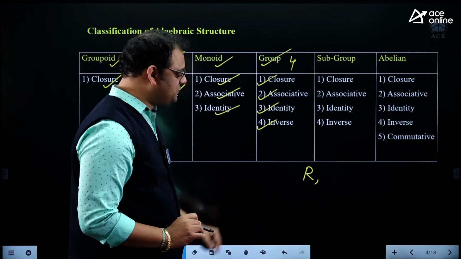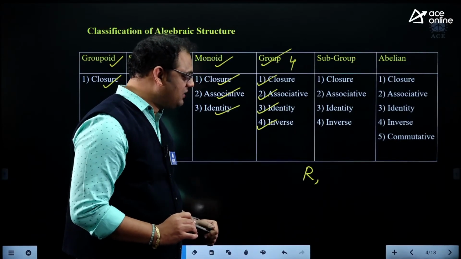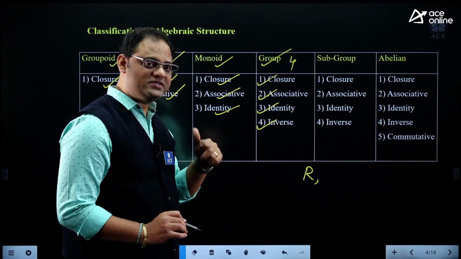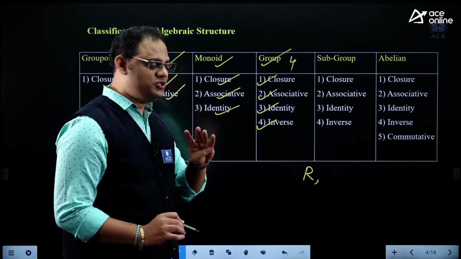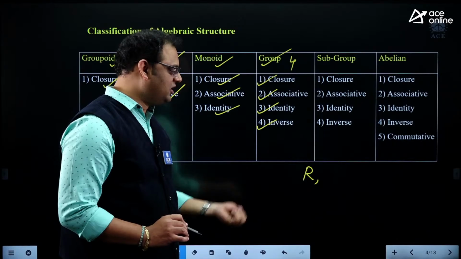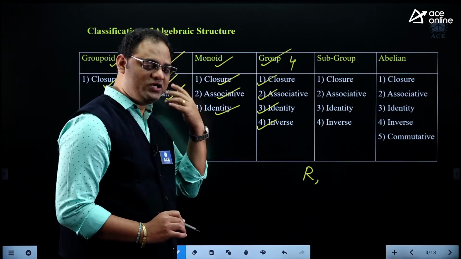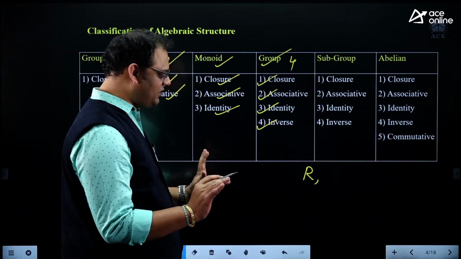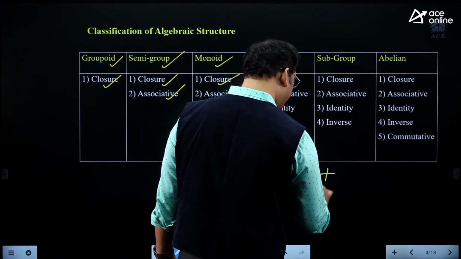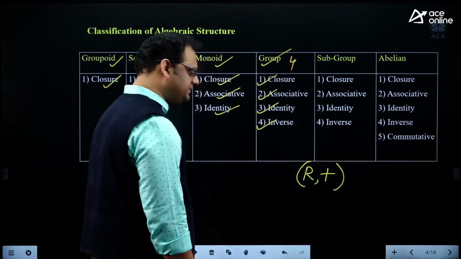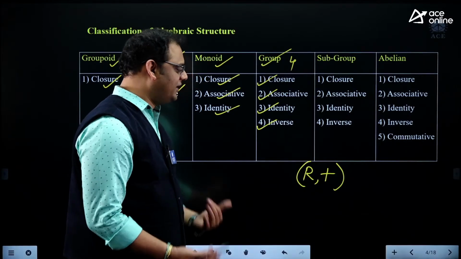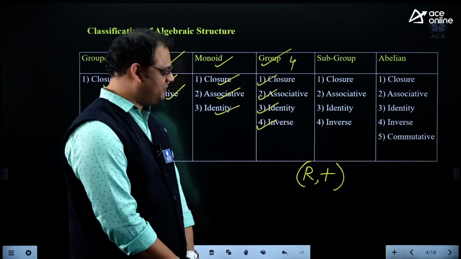When I write R, set of real numbers, your mind should think of all possible real numbers except imaginary numbers: positive numbers, negative numbers, zero, fractions, rational, irrational, all numbers. The set of real numbers under the operation addition is a group. Am I right?